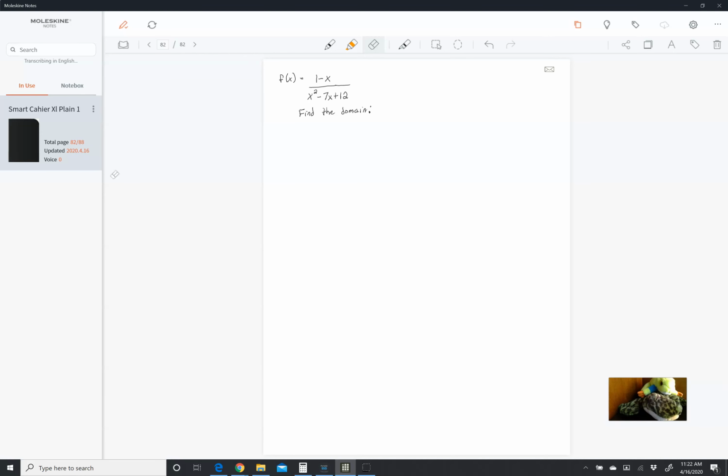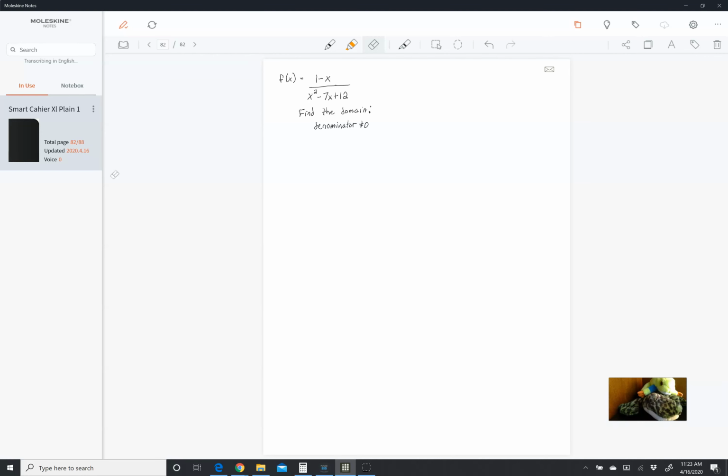So if you remember, in order to find the domain, we have to factor the denominator because we're talking about where the denominator is equal to 0. In the domain of the function, the denominator can't be 0. If you remember, we said if x is in the domain, then the corresponding y has to be real and it has to be defined.